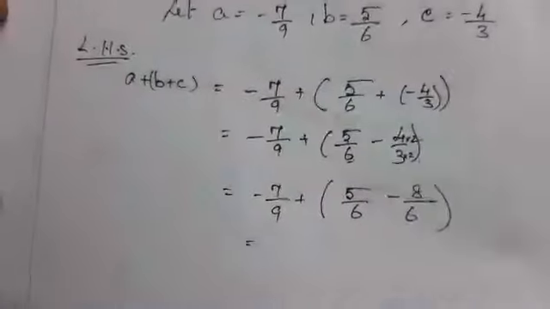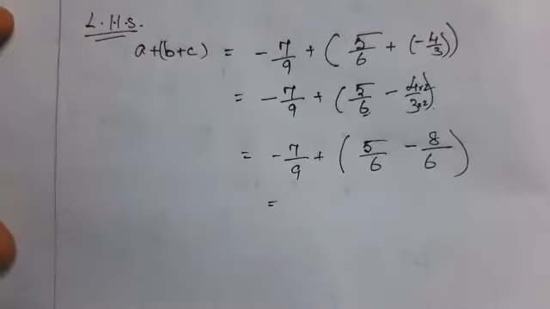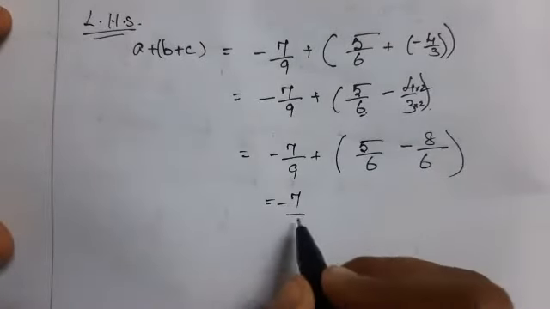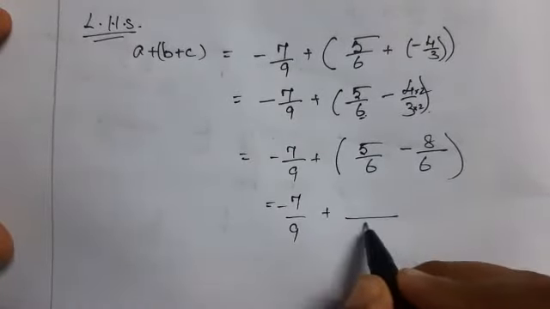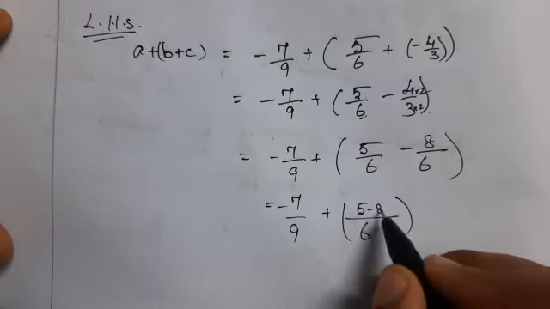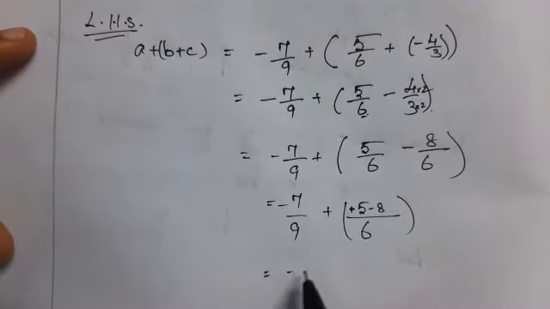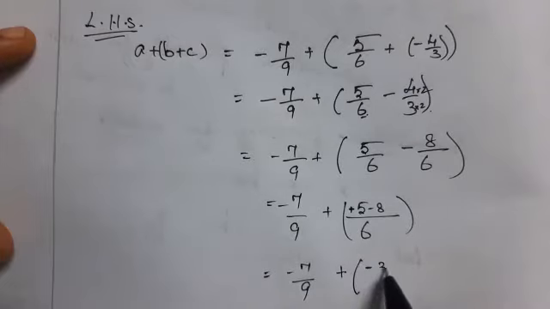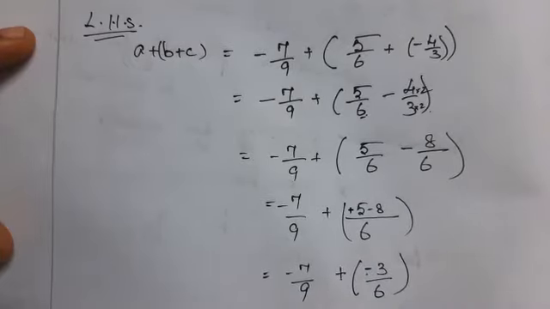Now you can subtract 5 minus 8 by 6. Both the terms are of different sign. Therefore, put the biggest number's sign and subtract the numbers: minus 3 by 6.